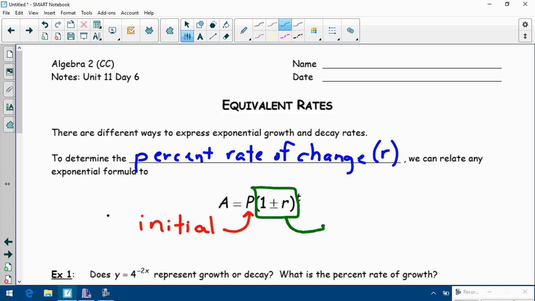And whatever's being raised to that exponent of t is what that 1 plus or minus r is. It's essentially the base. So the base is 1 plus or minus r.